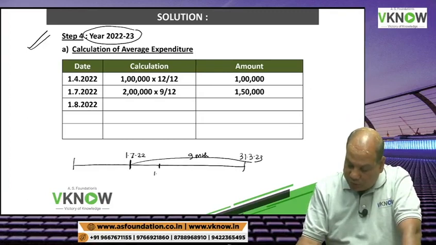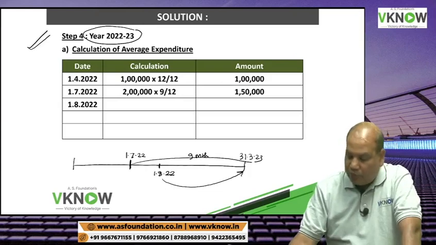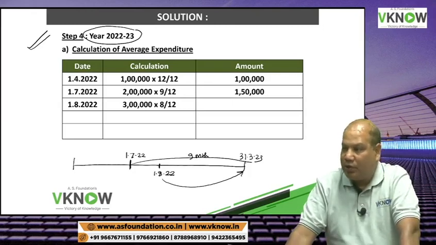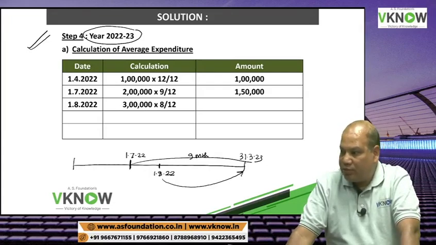Then we have incurred expenditure on 1/8/22. So how many months gap is there? 1/8/22 to 31st March 23, 8 months gap is there. So you will write 3 lakh into 8 by 12. Please give me the answer.